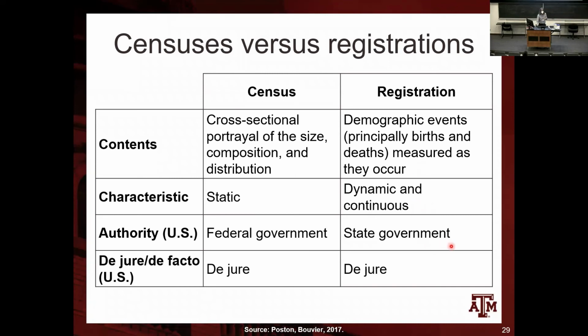What's the authority that collects that data? The state governments. And of course, the state governments afterwards provide that to federal agencies. And it's also based on a de jure data collection form, in the way that you get the residence of those people at the time that their children were born or their relatives died, where they usually lived, right? That's the place of residence. So we can better understand fertility and mortality, for example, based on the usual place of residence.